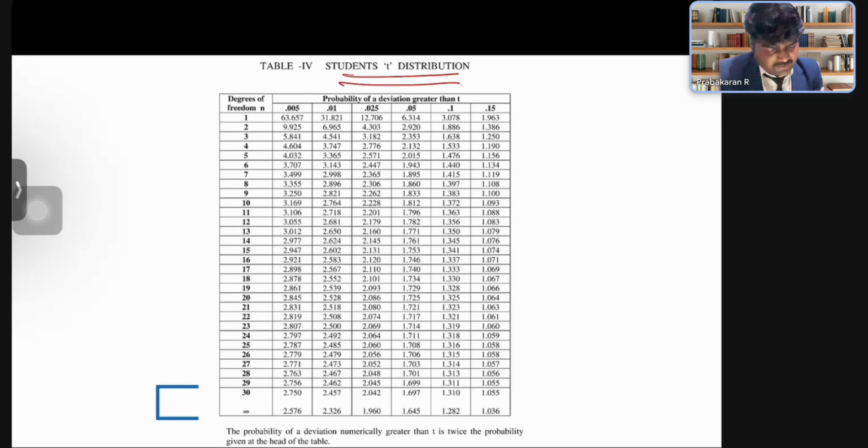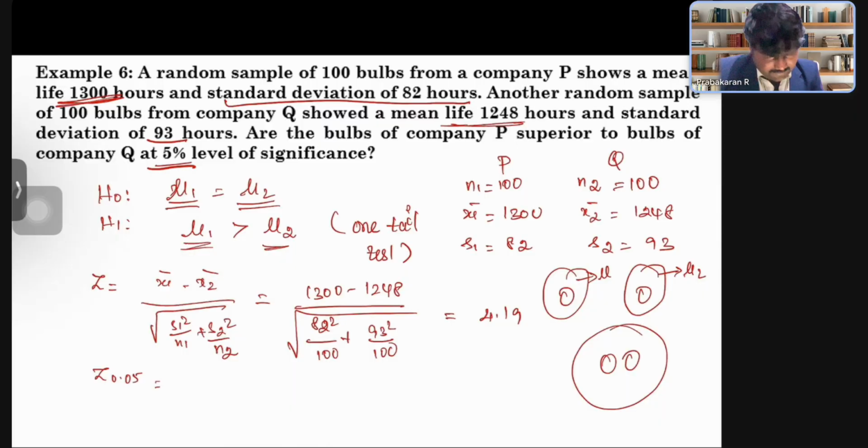For the table value, as usual, it is a large sample, and since it's a one tail test, it lies on only one side. We are checking only the right hand side, so the 5% we can take as it is, 0.05. The table value is 1.645.